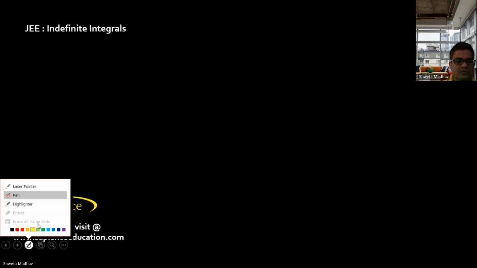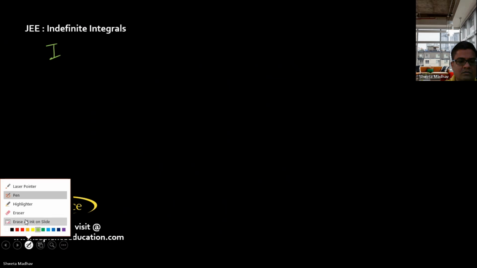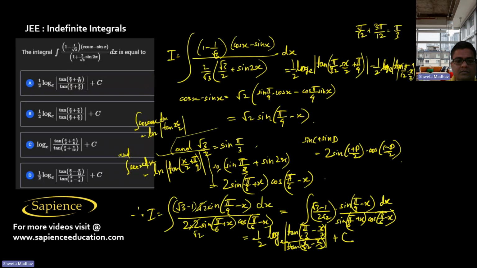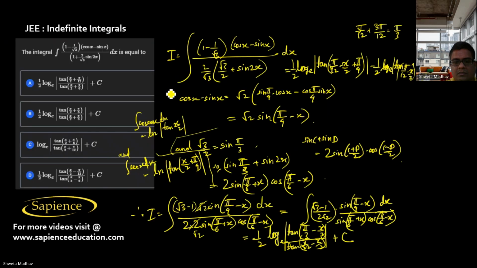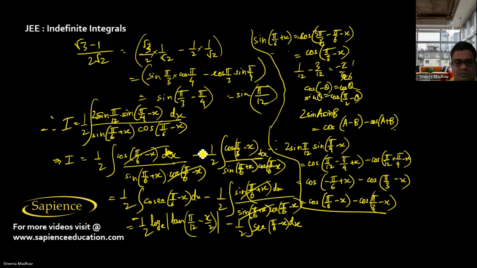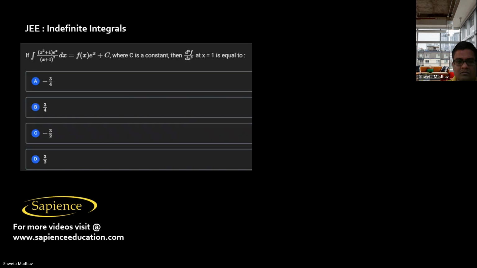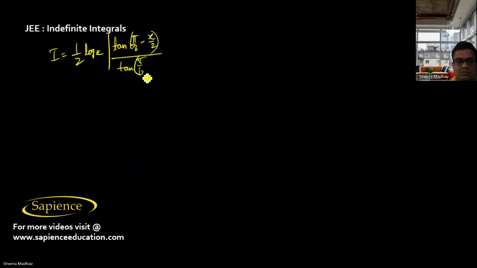Here the thing is, it is told that we have got the function I as half of log base e mod of tan of (pi by 3 minus x by 2) by tan of (pi by 12 minus x by 2) plus c.